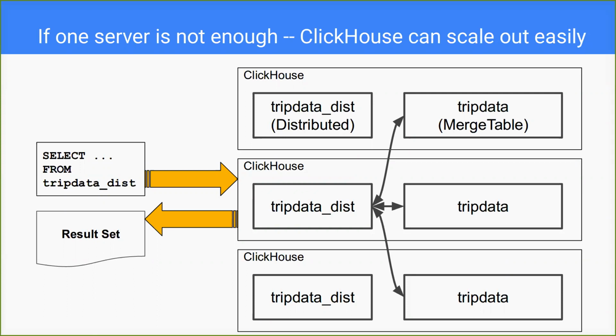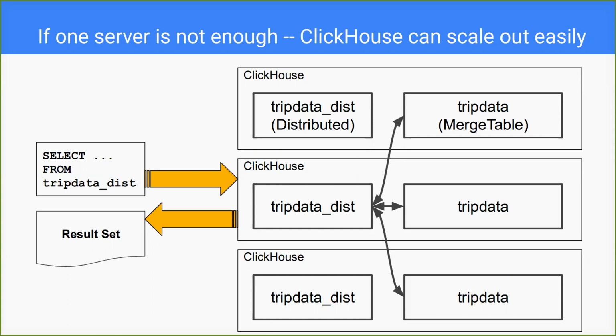For example, in the data that we're going to talk about today, which is New York taxi data, you can have local trip data tables, which contain pieces of the data set. The trip data dist table knows where they're located. There's a configuration file that defines this. And when you do a query, it's going to go to all the pieces, and it does this very efficiently.